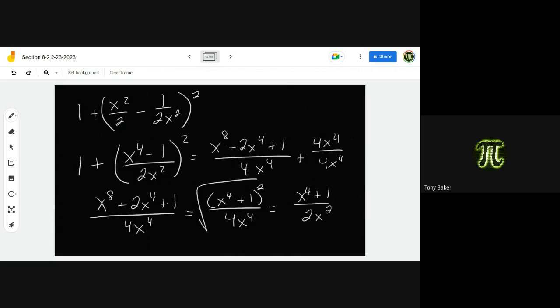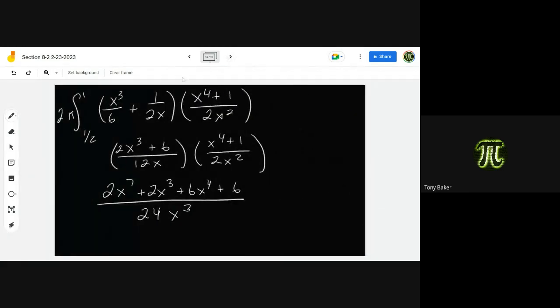The next step you actually could do a couple different ways. So when we plug that back in, we have x to the 3rd over 6 plus 1 over 2x times x to the 4th plus 1 over 2x squared. Notice no more square root.